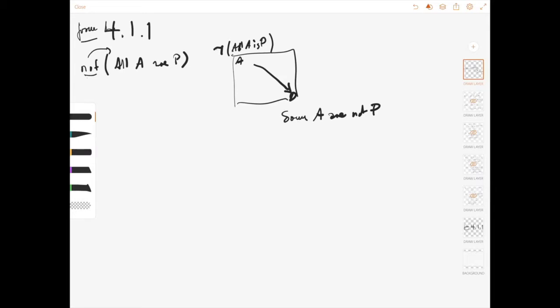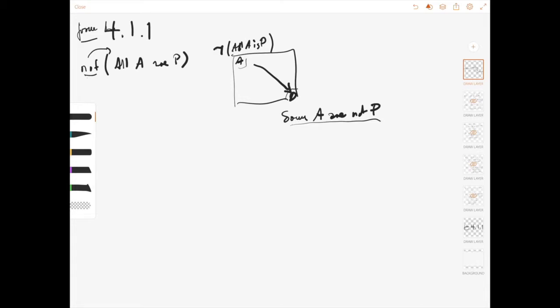Okay? So, the negation of one of the propositions on the square of opposition leads us to conclude the contradictory. So, it's not the case that all A is P leads us to assert that some A are not P. So, in other words, the negation of an A leads to the assertion of an O.